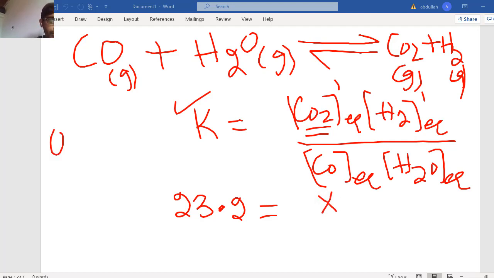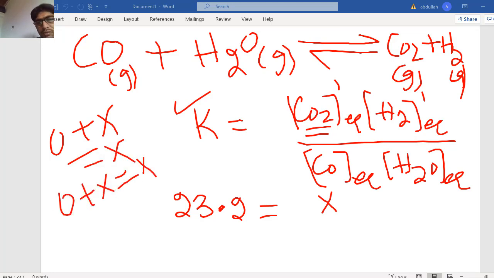It was 0 plus x, which is x. Similarly, the hydrogen was 0 plus x, so it is x.